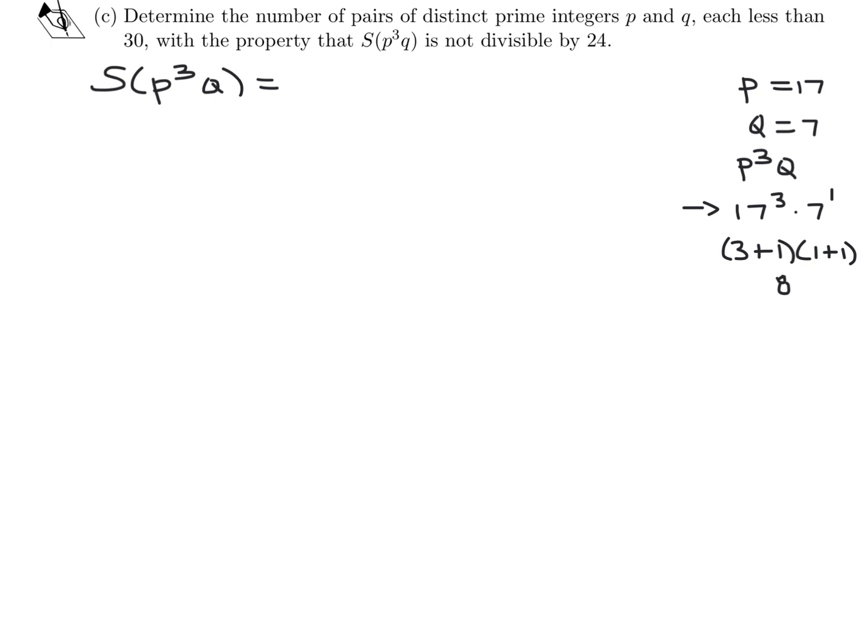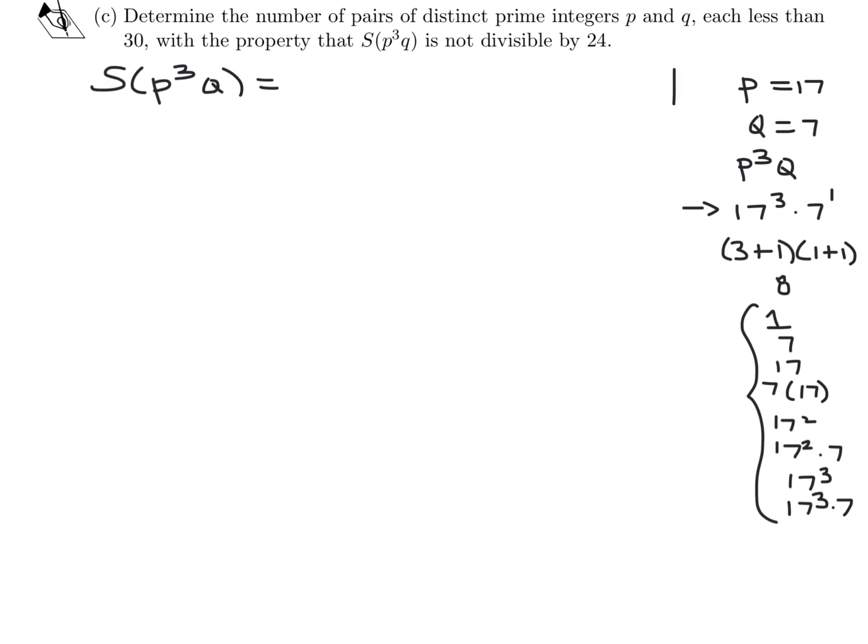I think in this particular case, it would be 1, 7, 17, 7 times 17, 17 squared times 7, 17 to the power of 3, and 17 to the power of 3 times 7. Is that 8? 1, 2, 3, 4, 5, 6, 7, 8. Yeah.